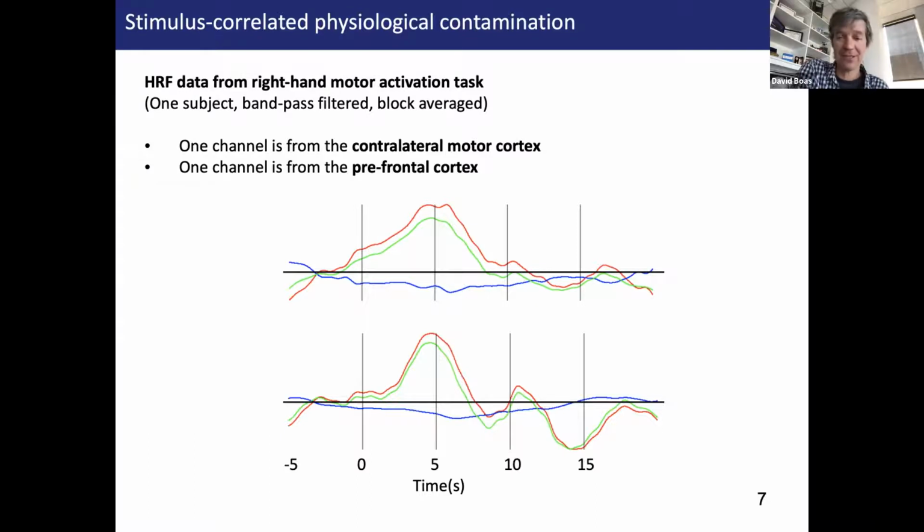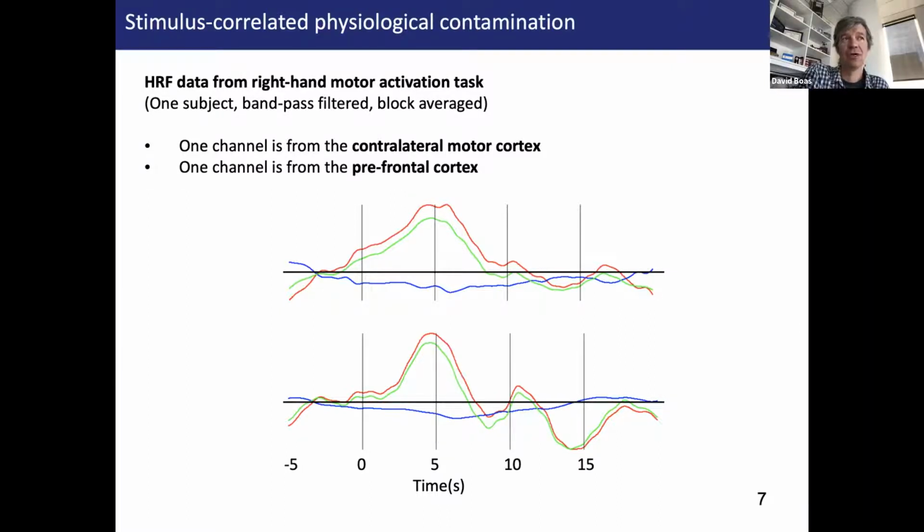Now, what helps us here is that the heart rate response, that blood pressure response, is predominantly, it seems, producing hemoglobin changes in the scalp and not in the brain.